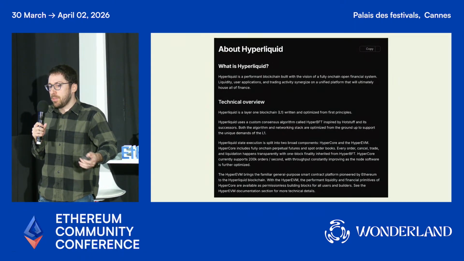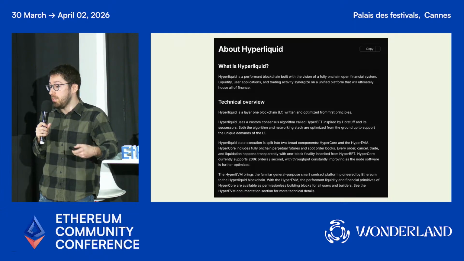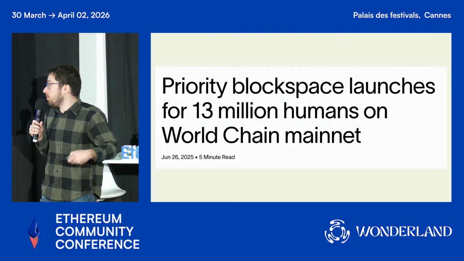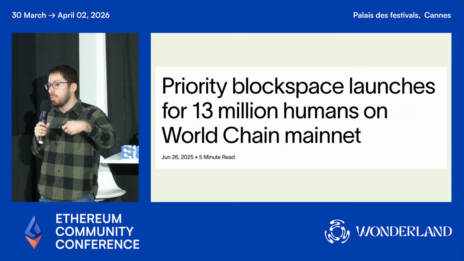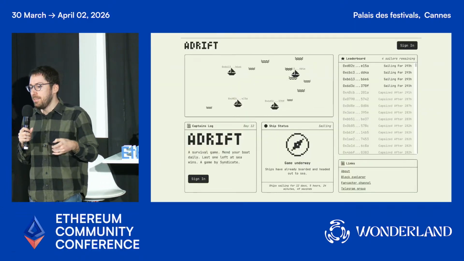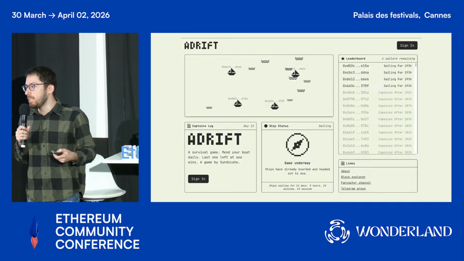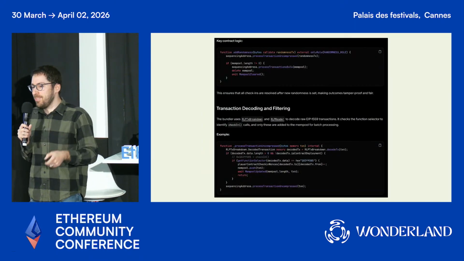Hyperliquid has Hypercore, which is basically its architecture built specifically for perps. We talked about World with priority block space to add some resistance to this MEV supply chain. We ourselves at Syndicate have done custom sequencers with things like randomness injection for games, and the solidity is very simple and very cool.